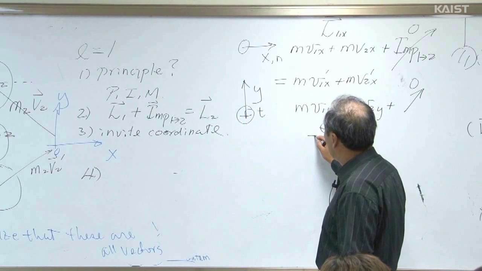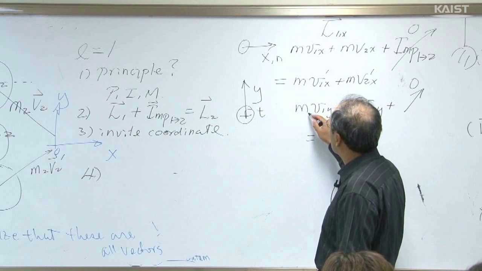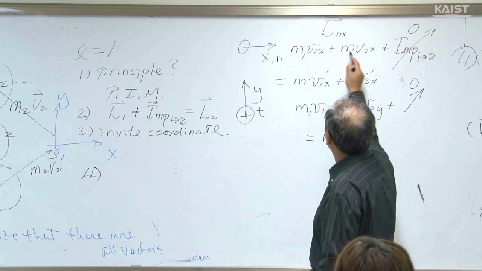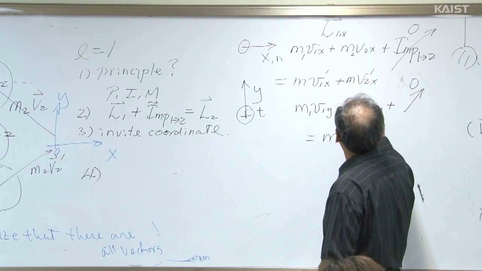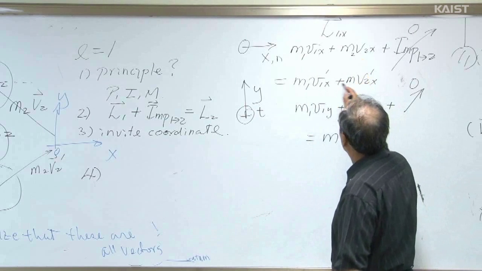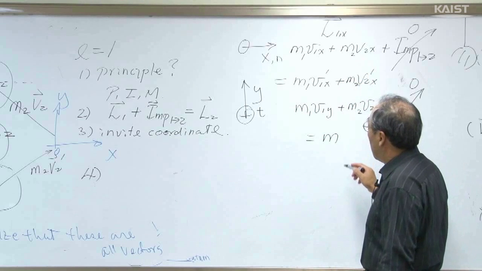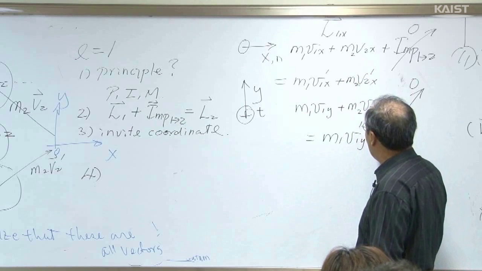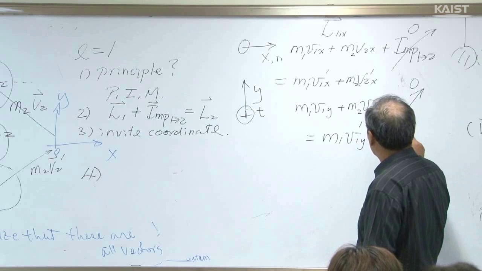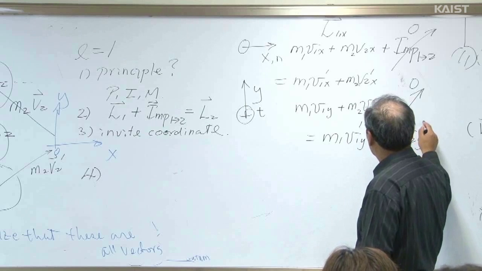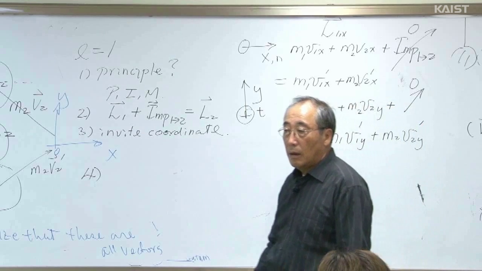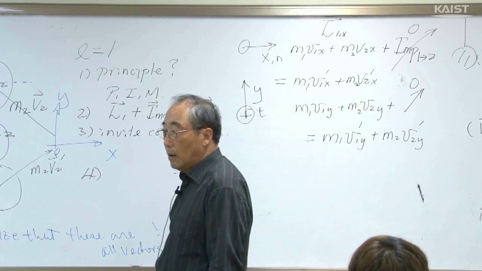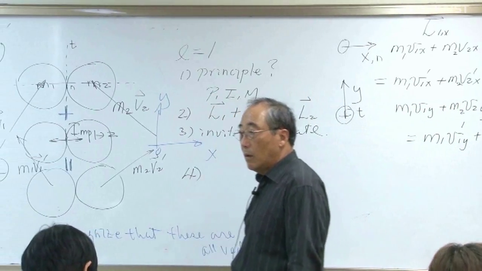And that has to be equal to m1v1y prime plus m2v2y prime. Okay?